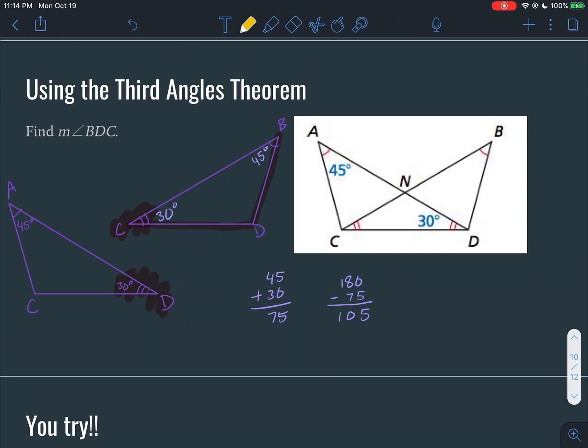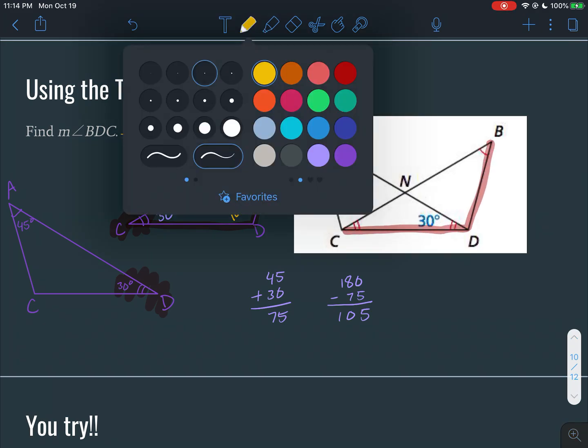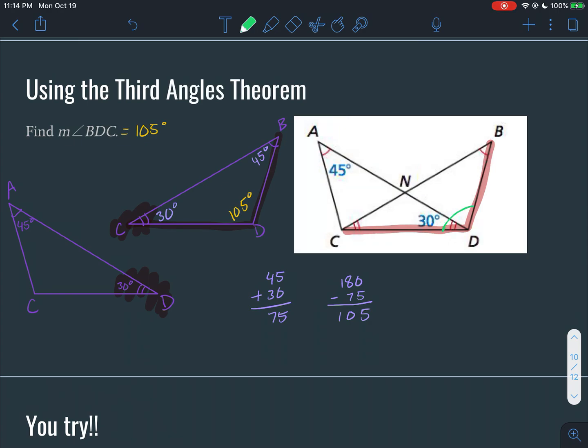So angle BDC is 105 degrees. The measure of angle BDC is 105 degrees.